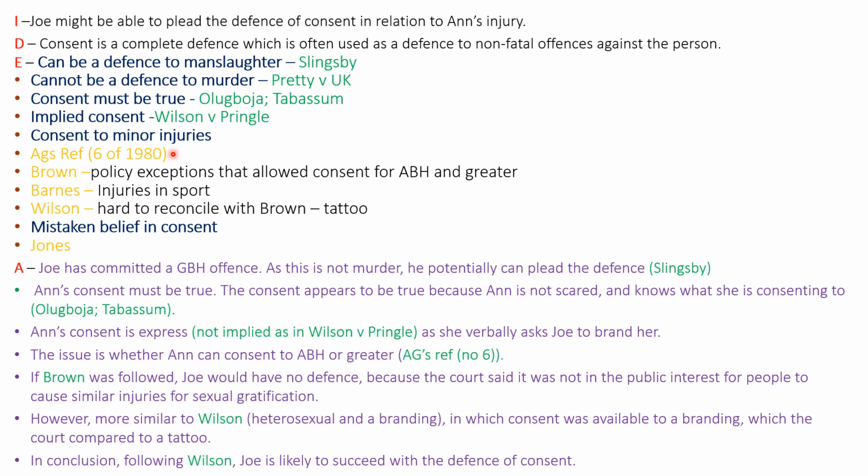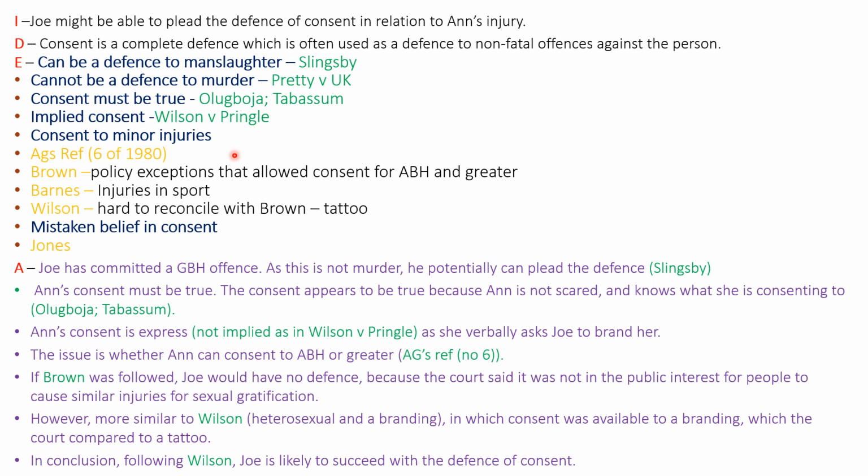And the court held, as you would imagine, as a matter of public policy, a person cannot consent to fistfights resulting in ABH or greater harm, irrespective of whether that's happening in a public or a private place.